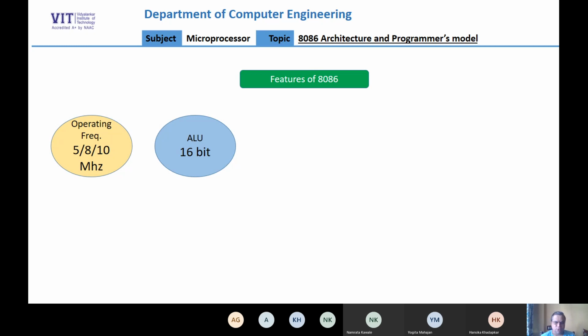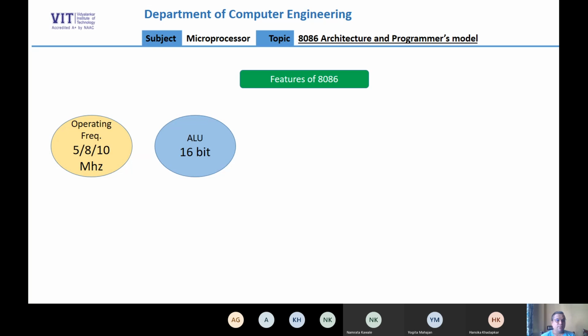So if ALU is 16-bit, that means 8086 can perform addition of two 16-bit numbers in a single cycle, or subtraction of two 16-bit numbers in a single cycle, or comparison of two 16-bit numbers in a single cycle.